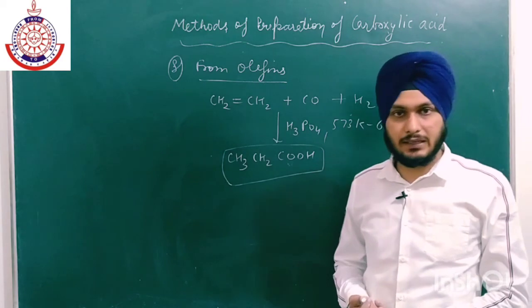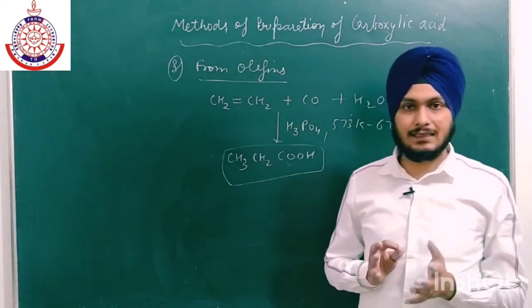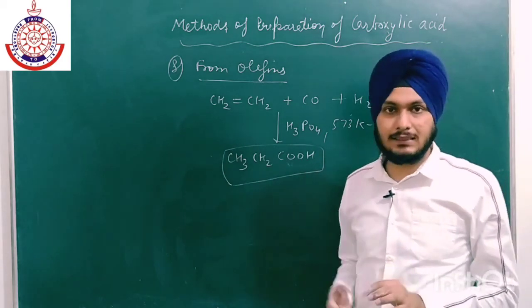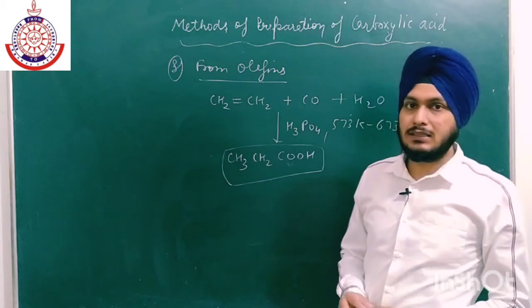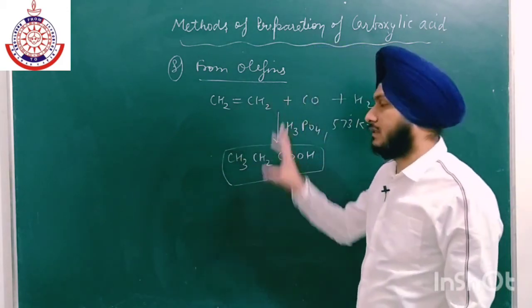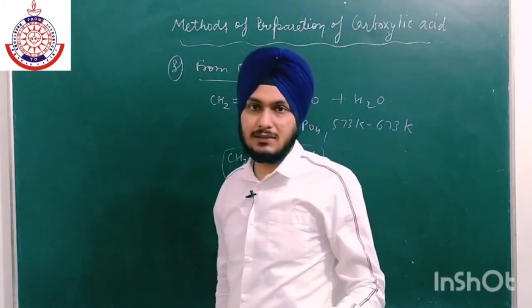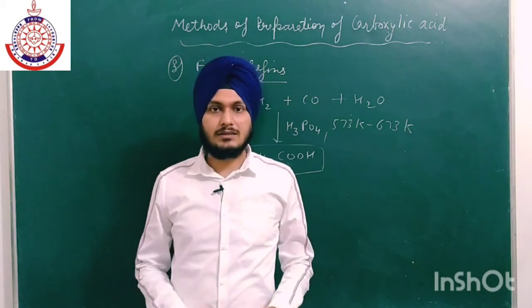The fourth method is from Grignard reagent, and the fifth method is from esters and anhydrides. The sixth method is from acid chloride. The seventh method is the haloform reaction, and the eighth method is from olefins. In most of the reactions hydrolysis takes place.